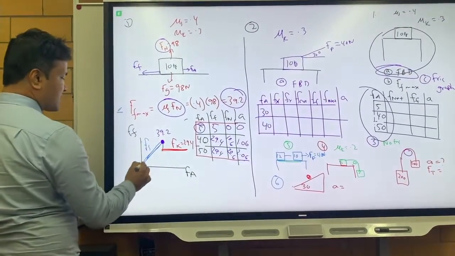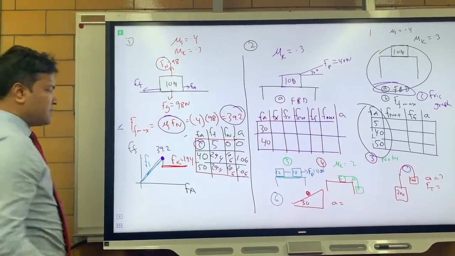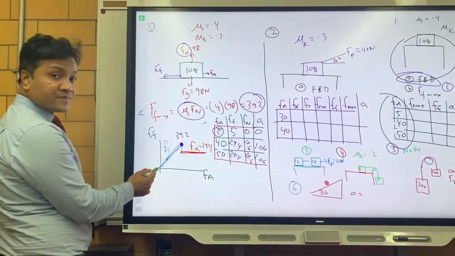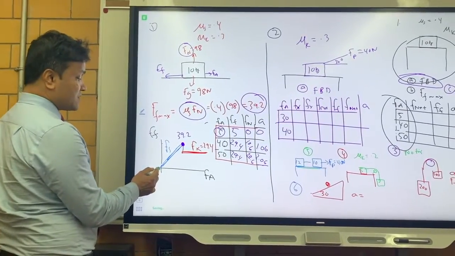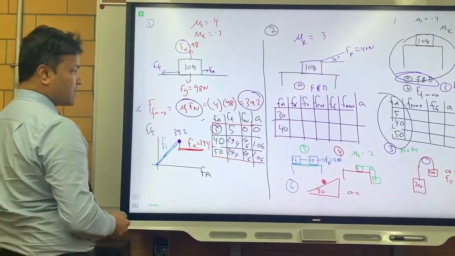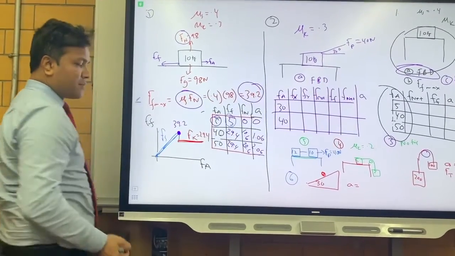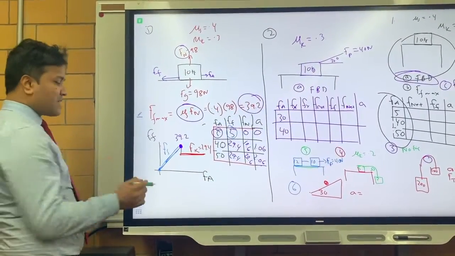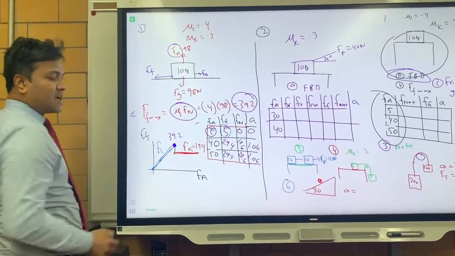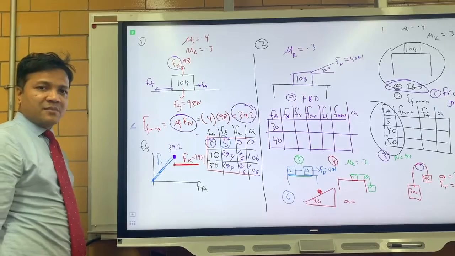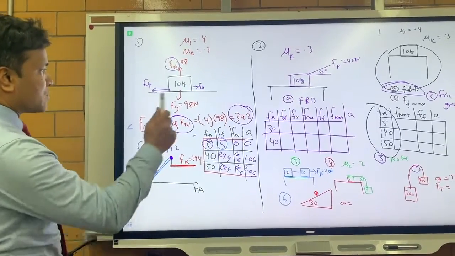Fs can be different. If you apply zero force, then static friction is 0. If you apply, for example, 5 Newton, then static friction is 5. So static friction can be anything between 0 and 39.2. But kinetic friction has to be only 29.4. Okay, we are done with problem number 1.